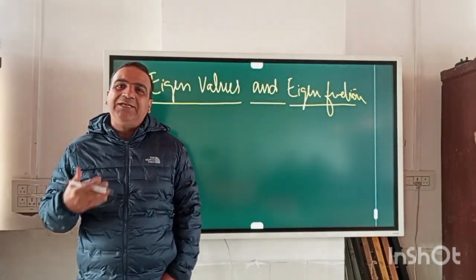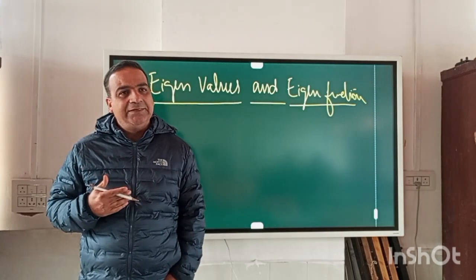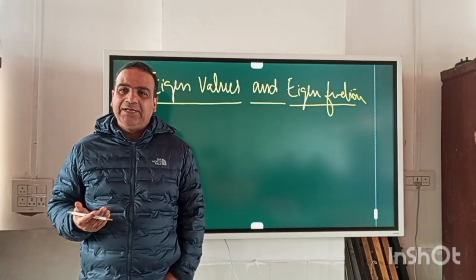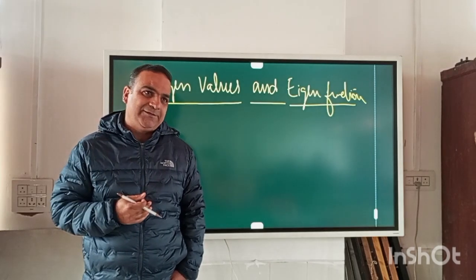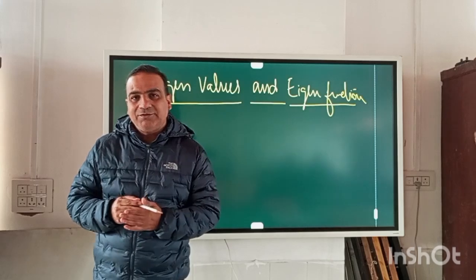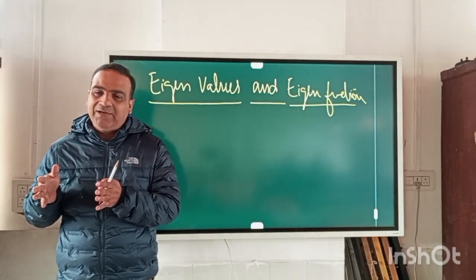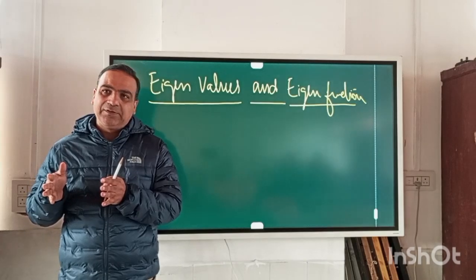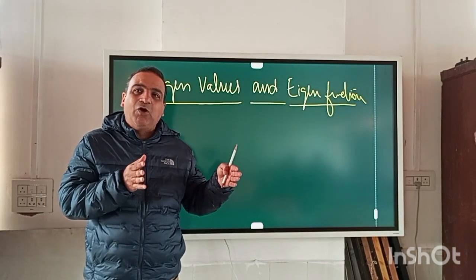Now, corresponding to any dynamical variable that we have in classical physics, in quantum mechanics, we have a corresponding operator. Suppose we have position as a dynamical variable. In quantum mechanics, for position, we have the position operator.